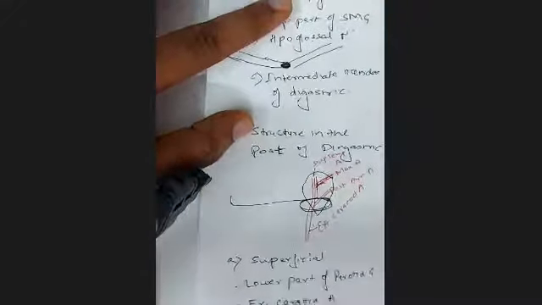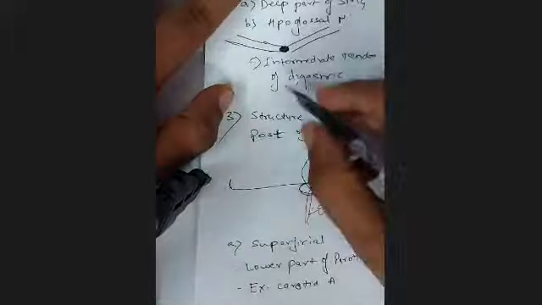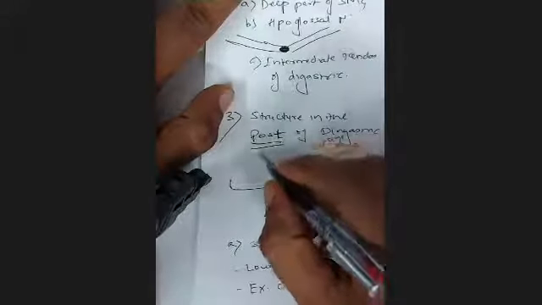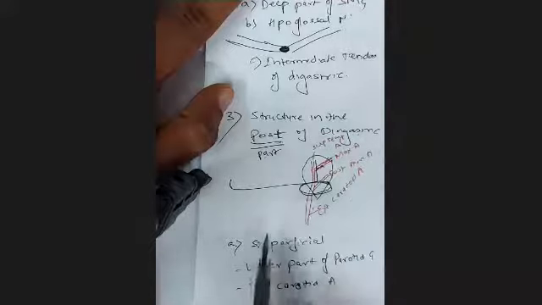So the structures in the posterior part of the digastric triangle are divided into superficial, intermediate, and deep.